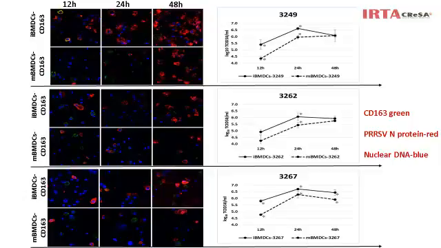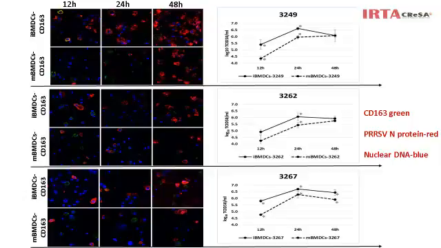The graphs on the right show our titration result of the supernatant. The dotted line is the mature dendritic cells, and the solid one is the immature bone marrow-derived dendritic cells. It is very clear that the replication efficiency in immature bone marrow-derived dendritic cells is much higher than in mature ones, and the same holds for the three different isolates.